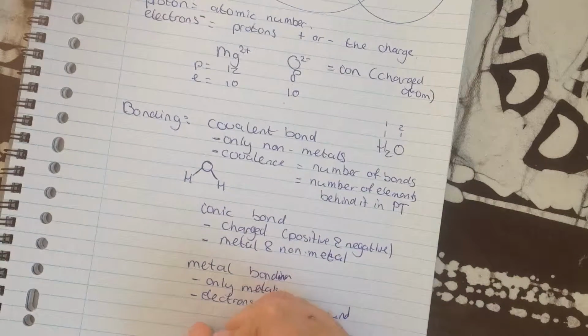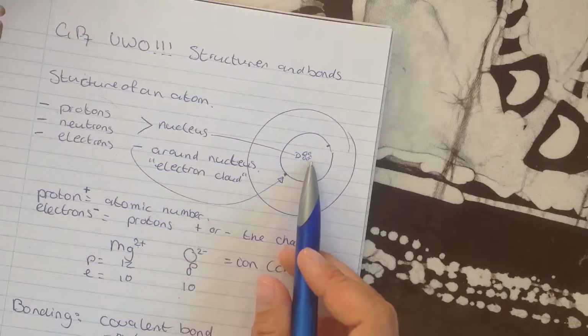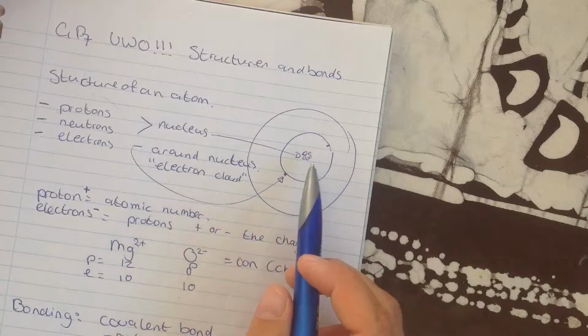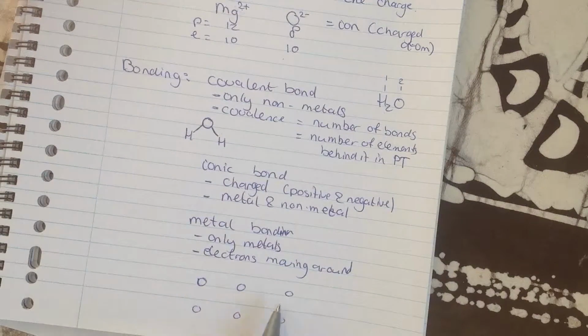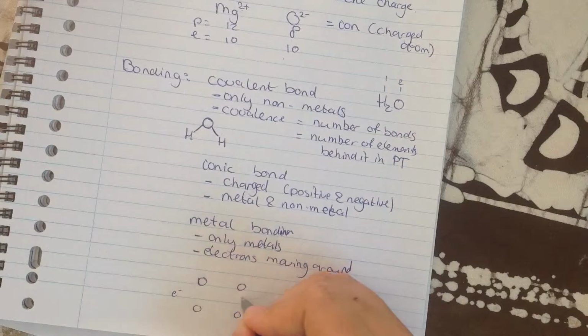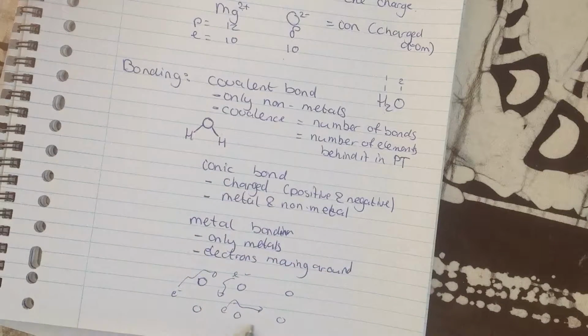So if I have the nuclei of all those metals, like you had here, with the protons and the neutrons in the middle and the electrons all around it, all these nuclei of a metal are arranged, and all the electrons, the e minuses, just float around and can move like this. So the electrons are free to move, and that is why they can conduct electricity.